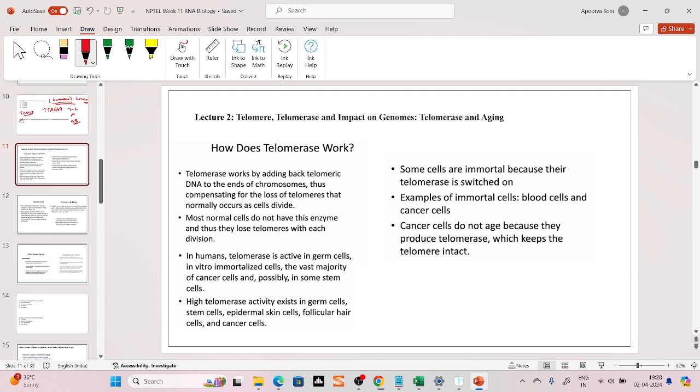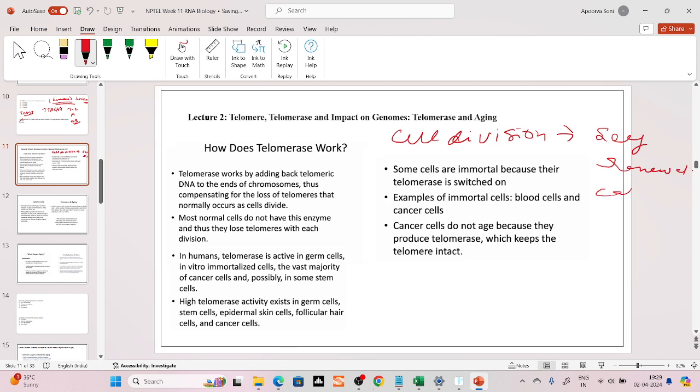That means cell division is related to the self renewal capacity of the cell. So if you have more telomerase in a cell, what would be the effect on aging? Will aging come early or will it be delayed? If more telomerase is there in a cell, will aging be delayed or will aging come fast? Tell me.